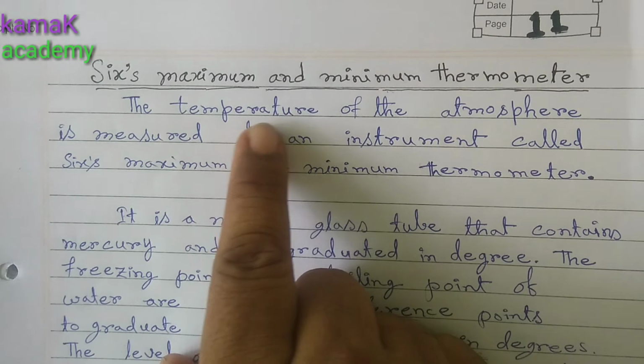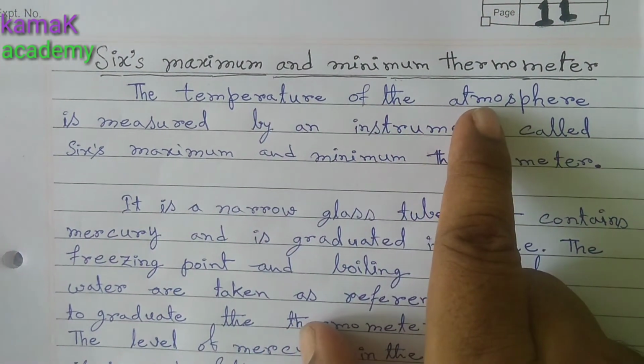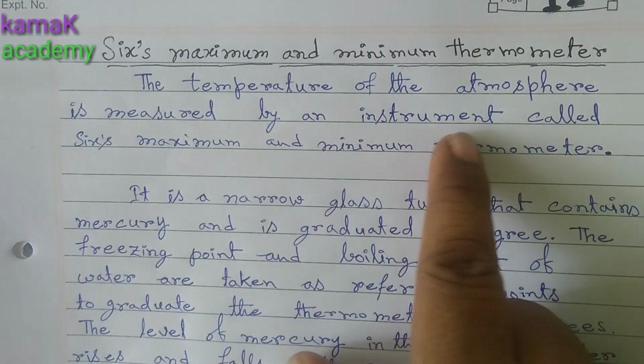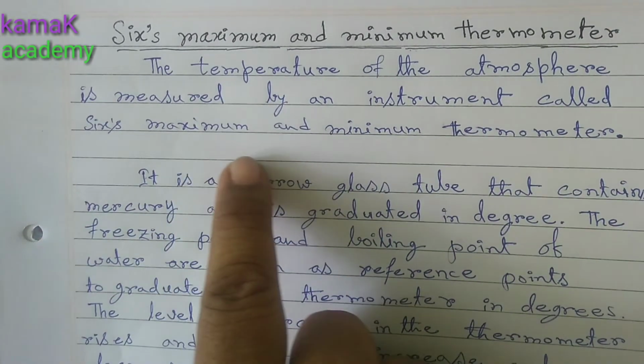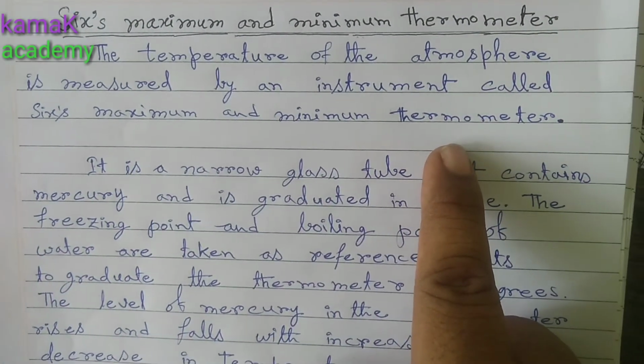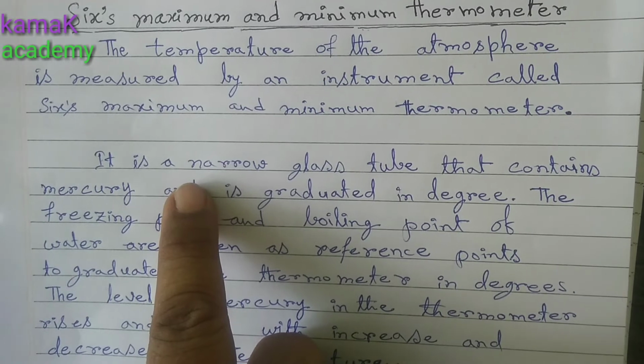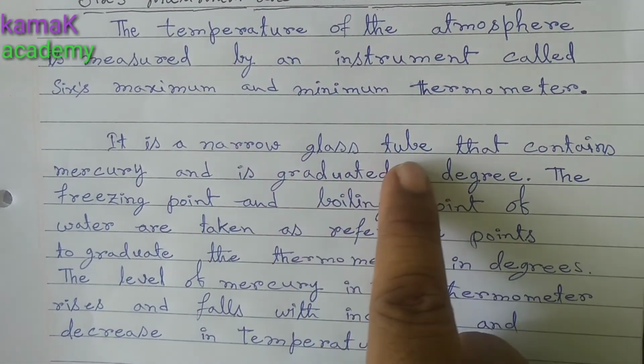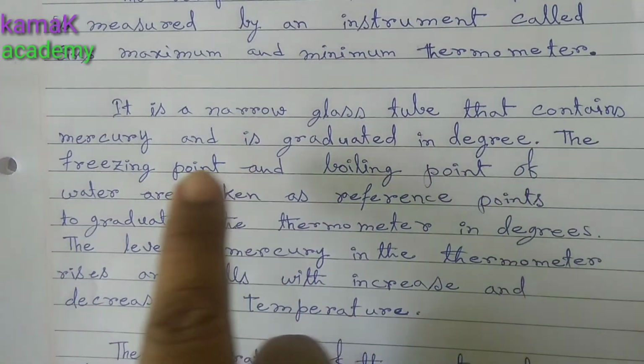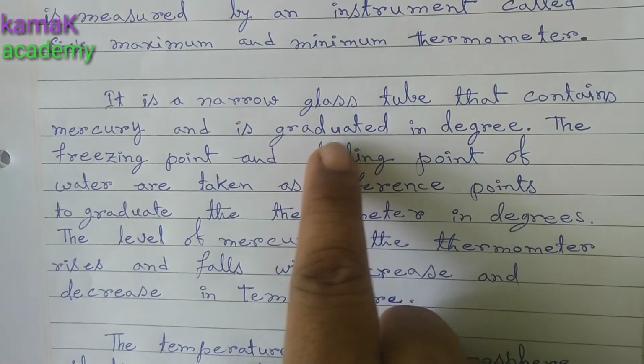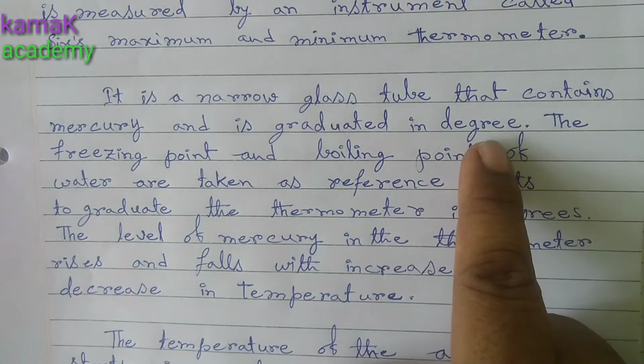The temperature of the atmosphere is measured by an instrument called Six's maximum and minimum thermometer. Next para, it is a narrow glass tube that contains mercury and is graduated in degrees.